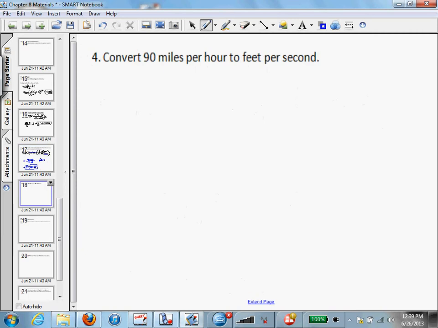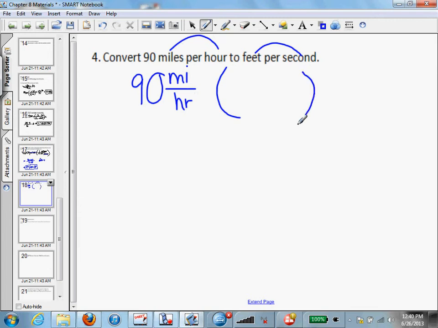Converting miles per hour to feet per second, we take 90 miles per second, or excuse me, it's 90 miles per hour. And we're going to feet per second for miles per hour. So we're going to have to go through several conversions.